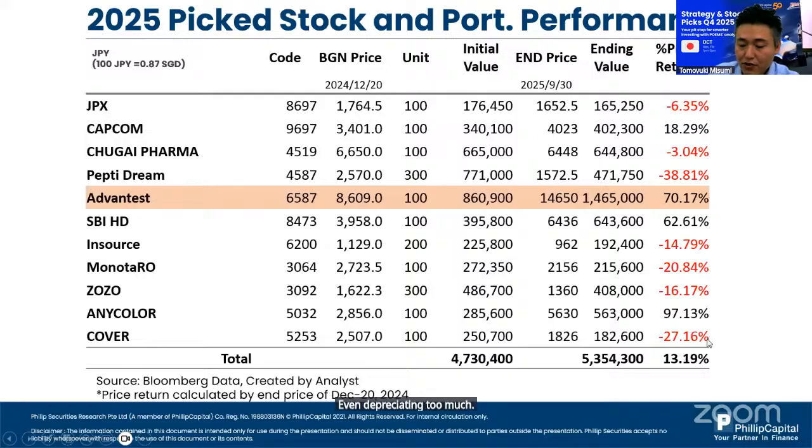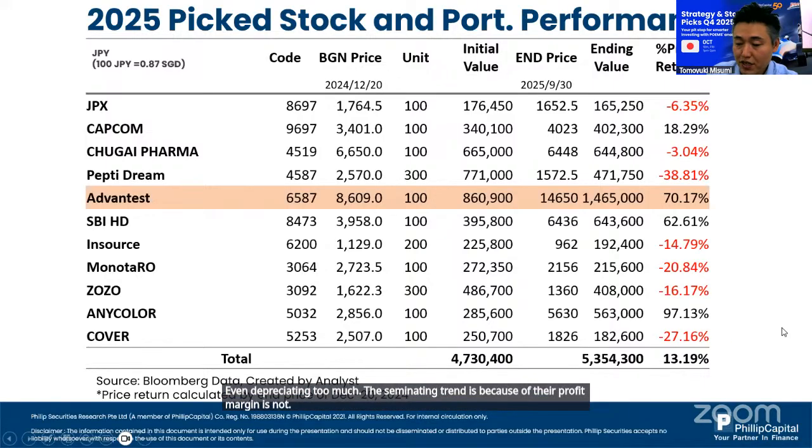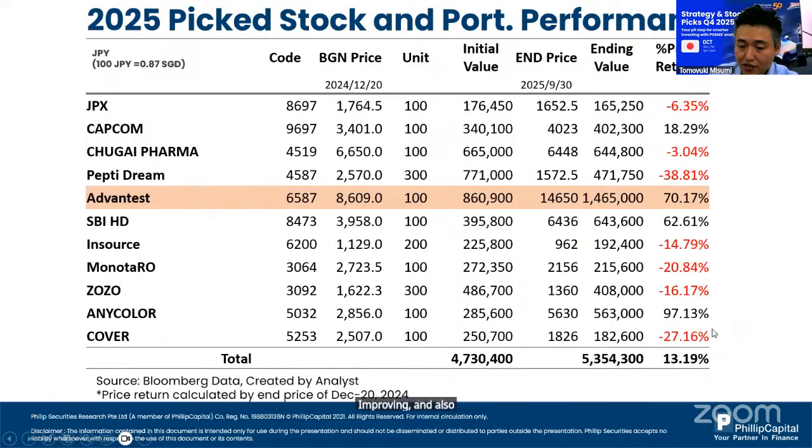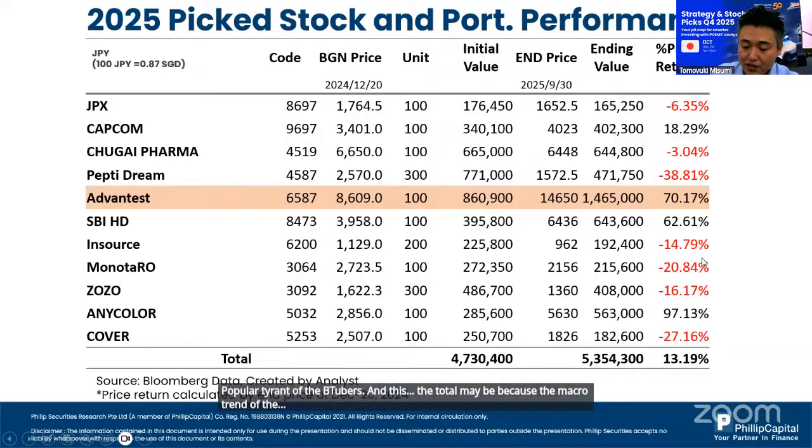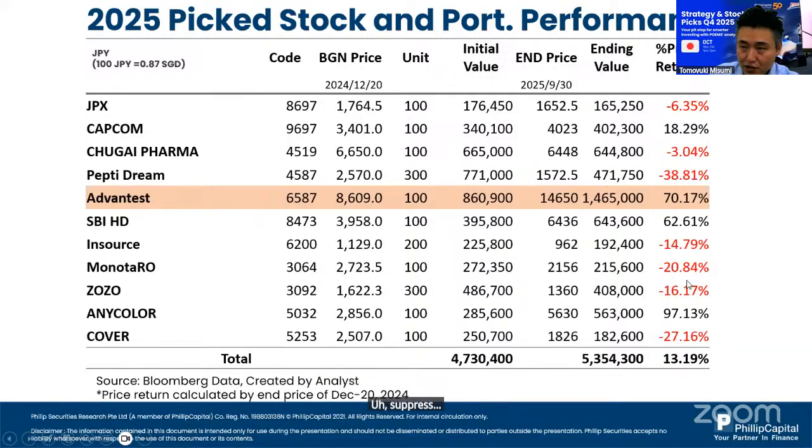Their stagnating trend is because their profit margin is not improving, and some talent is resigning, so contracts are terminated. Some popular VTuber talent may also be affected by the macro trend of suppressed consumer consumption, a lower consumption trend.